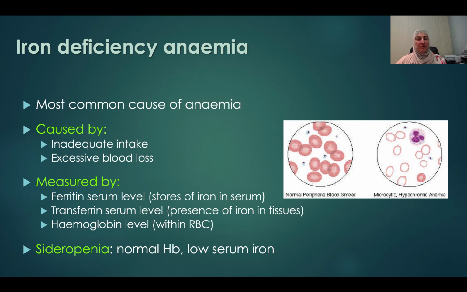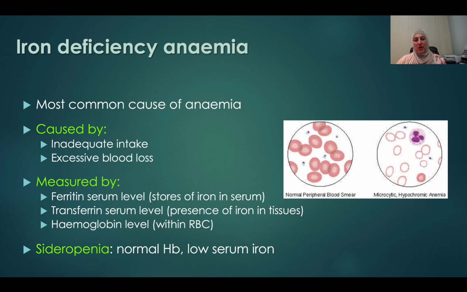Transferrin serum level, which is another protein, is responsible for transferring the iron from one area to another, and it indicates the presence of iron in the tissues. Hemoglobin level within the RBCs, we'll talk about this later in more detail.